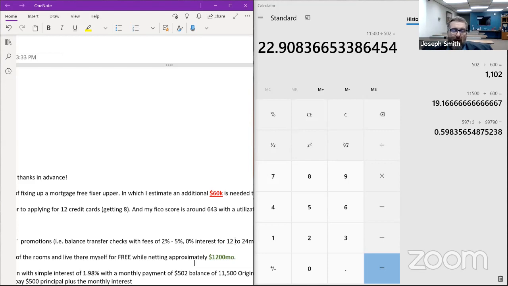Just making some assumptions here, if we pay off the car, and this fixer was also fixed up and done, and they put tenants in there and they're living in it themselves, now they have $2,300 of cash flow. That's going to be really easy to use to pay off all of this debt.